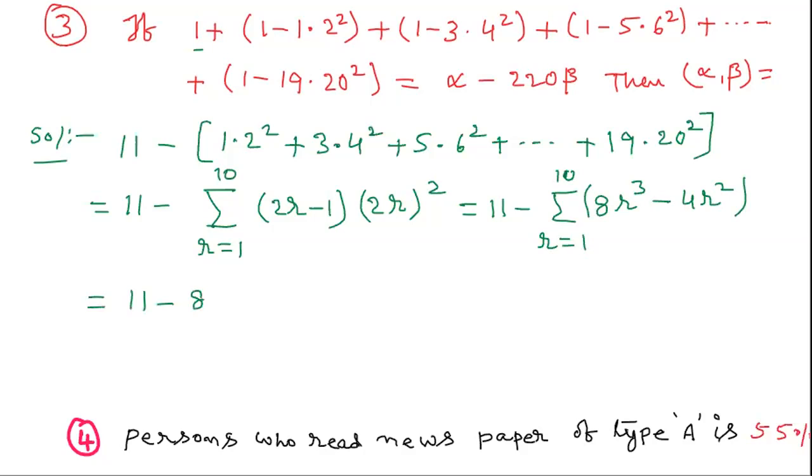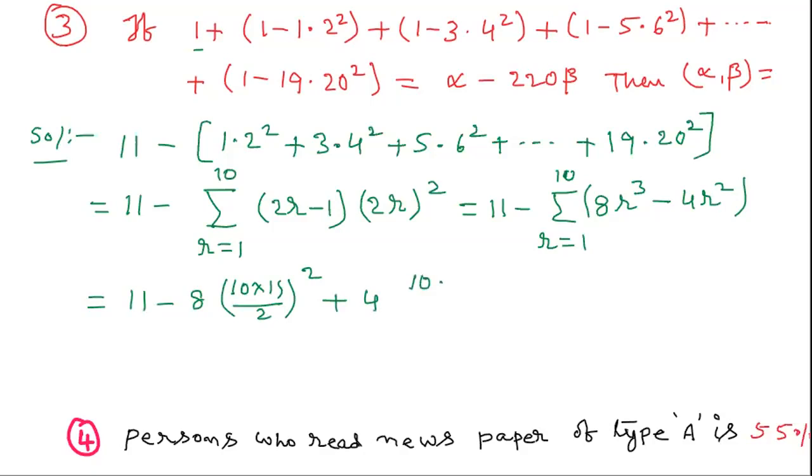That means there are 10 terms. How to write sigma r cube formula? R into r plus 1 by 2 whole square, or not? So in place of r substitute 10. 10 into 11 by 2 whole square. Minus into minus plus 4 into sigma r square. Sigma n square formula we already know that.